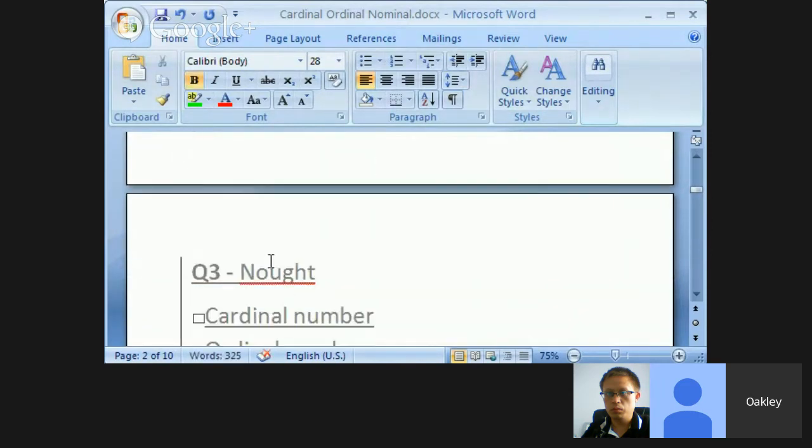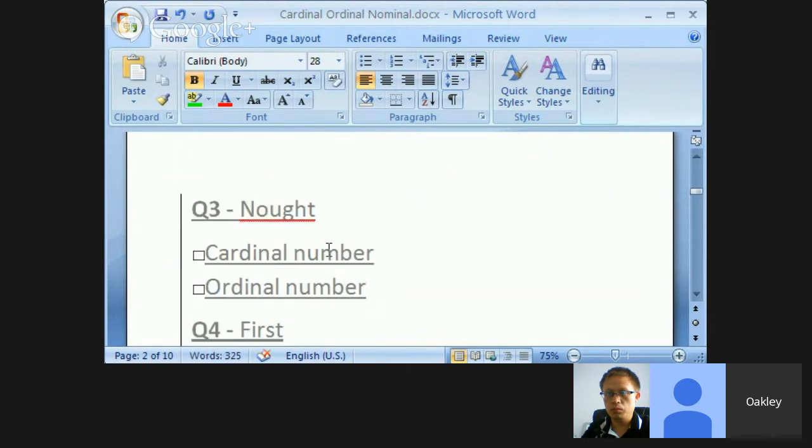What's this next one? Xingyu, not. Oh my God! I'm going to throw you to the wolves. Is not a cardinal number or an ordinal number.